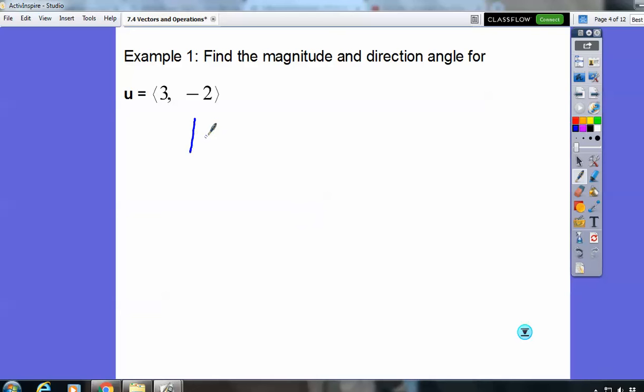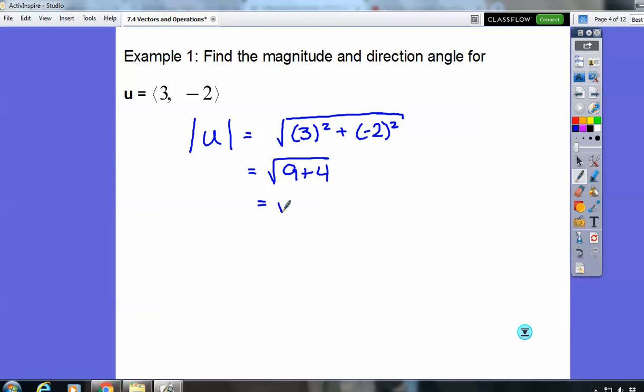So magnitude, like that absolute value, is just the square root of a squared plus b squared. Square root of 9 plus 4. So my magnitude is radical 13.